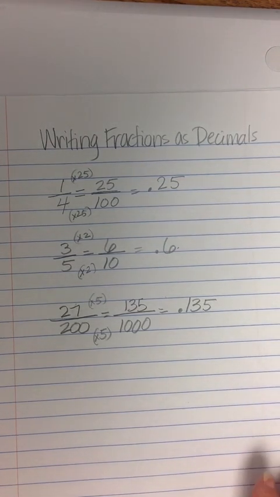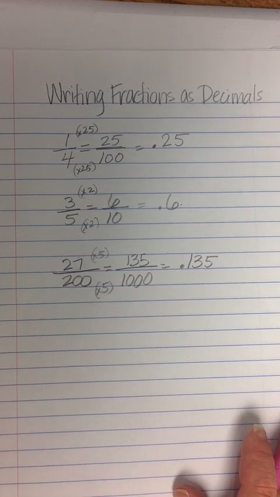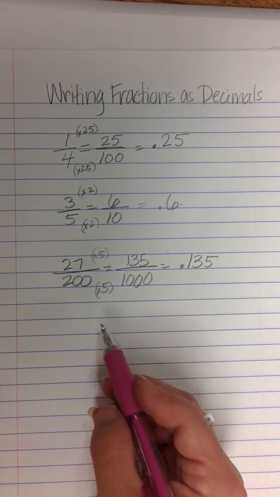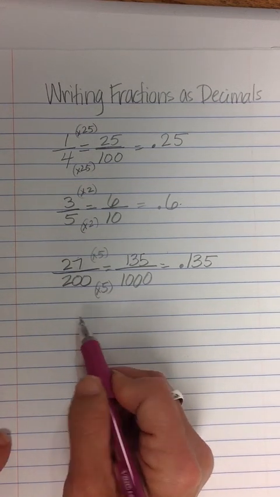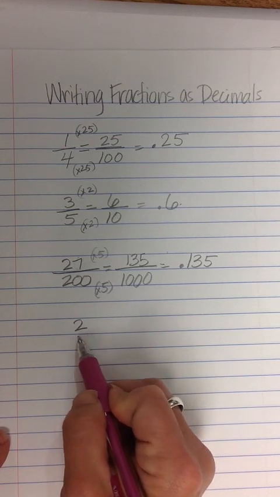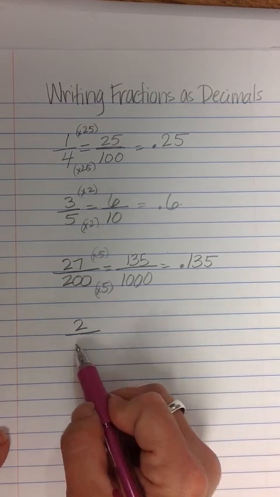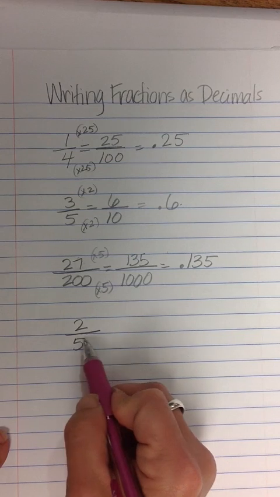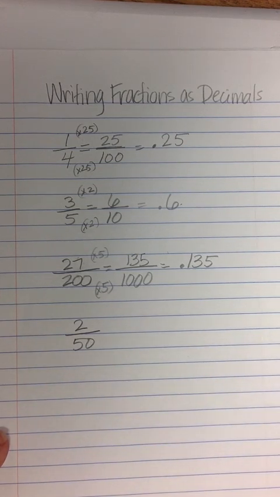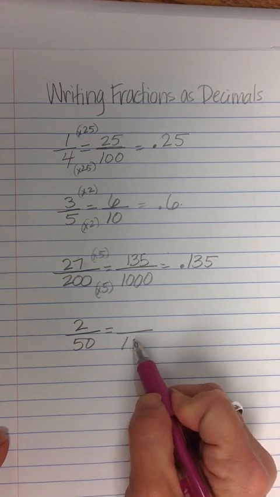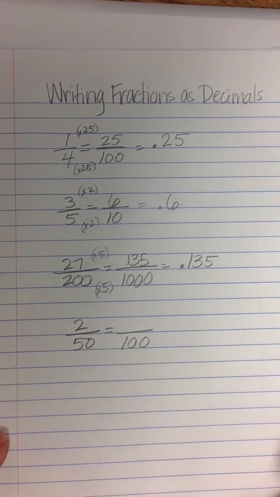We want to do one more so I can show you when you have to be careful about the place. For example, if we have a number such as 2/50ths. Well, I can change that to a denominator of 100 really easily.